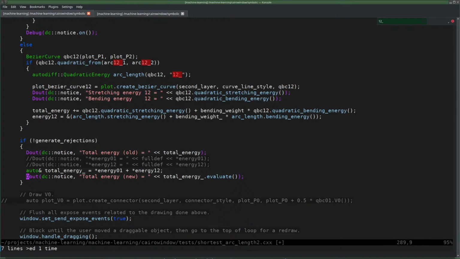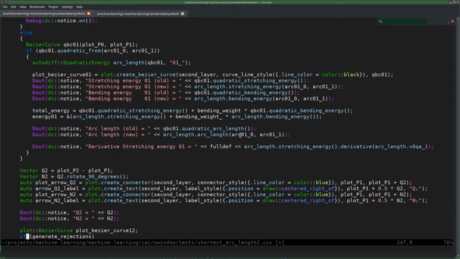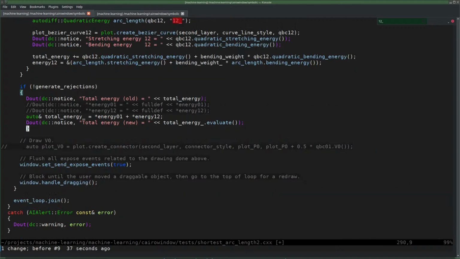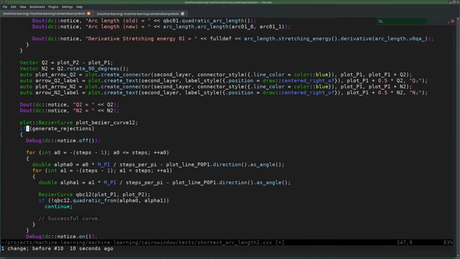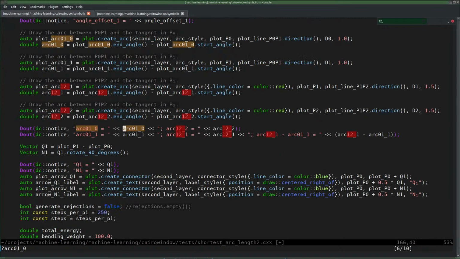Do I even know what the angles are? Probably. I think that the angles are, for example, that angle. Yep, they're still defined.